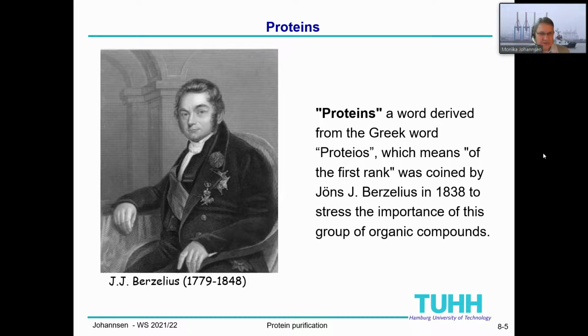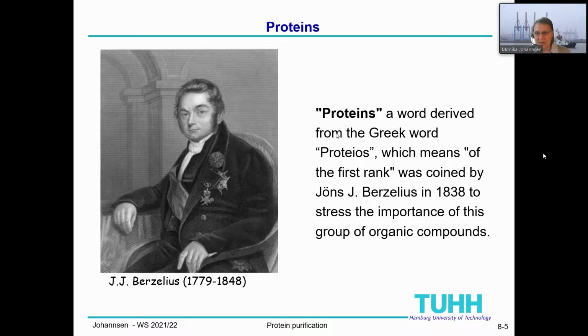This is an old photo of Baron Jöns Jakob Berzelius, who was a Swedish chemist. He was considered, together with others, to be one of the founders of modern chemistry.